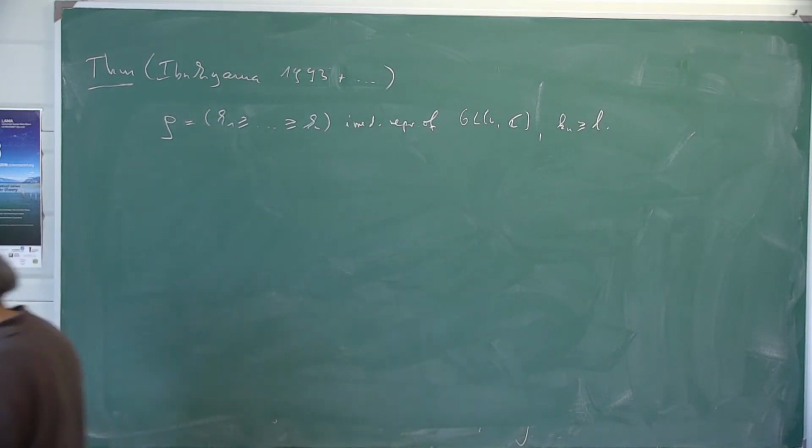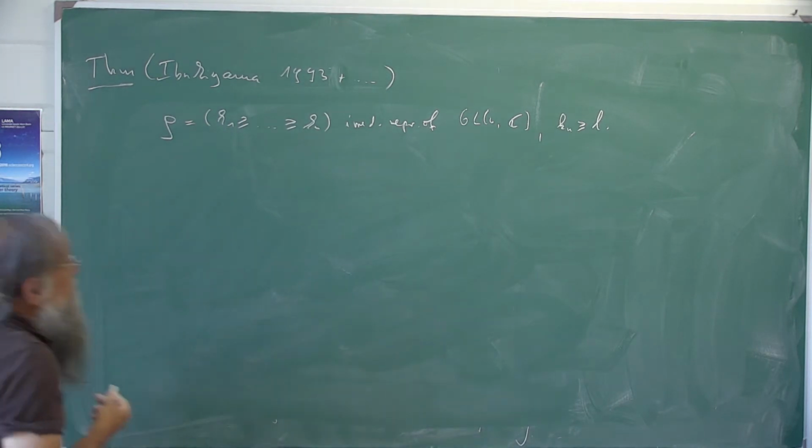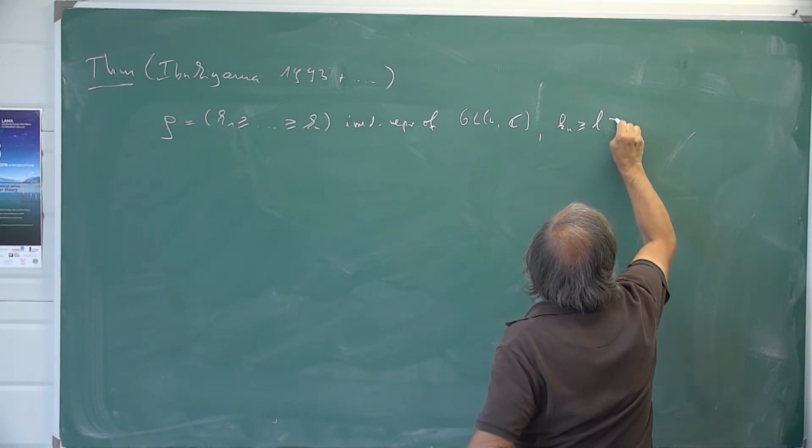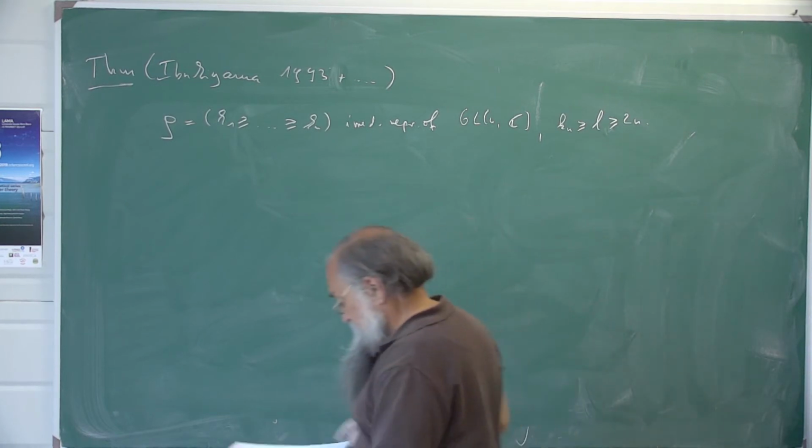Kn should be bigger or equal to some L, and this L maybe should be bigger than 2n.